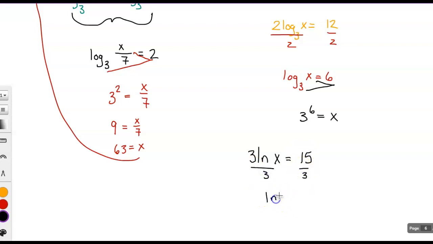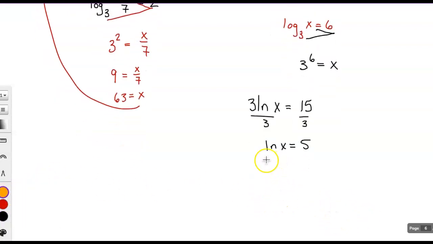You would get the natural log of x equals 5. And to exponentiate this, you have to remember that the natural log of x is really log base e of x. You just don't write that because it doesn't look cute. So this is really this, right? So you would get e to the 5th equals x. Okay, so I could see her doing that.